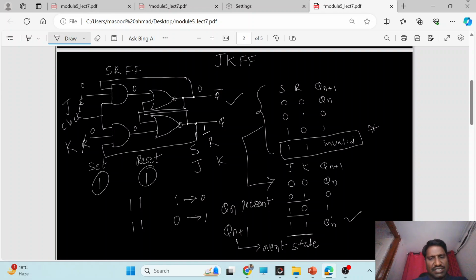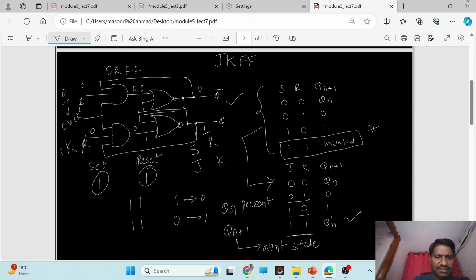What is the 0 1 case? K is equal to 1, J is equal to 0. When the clock is present, this is 1 and this is 0. Let us assume that presently Q is equal to 1. So this is 1, this is 0; 1 OR 0 is 1, complement of this is 0.